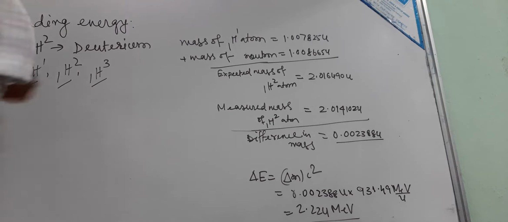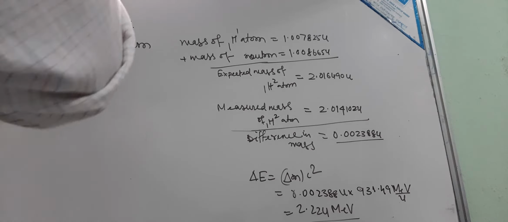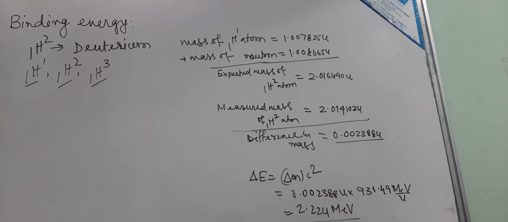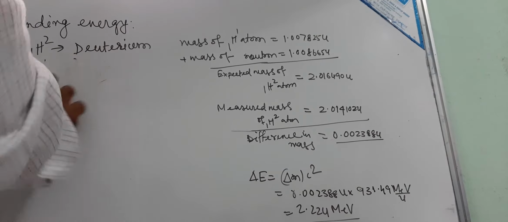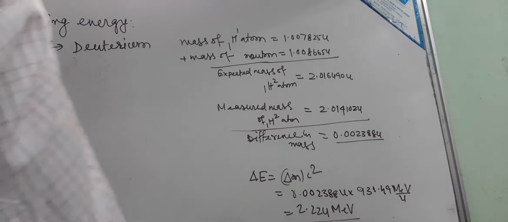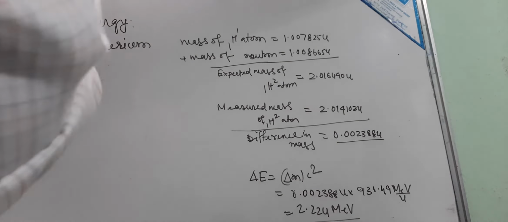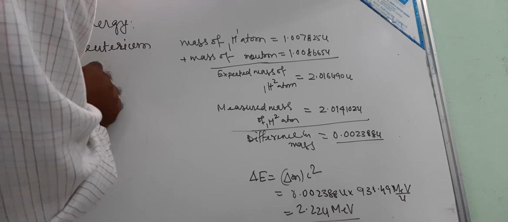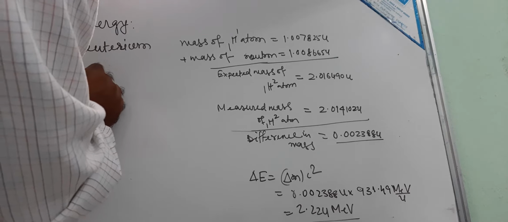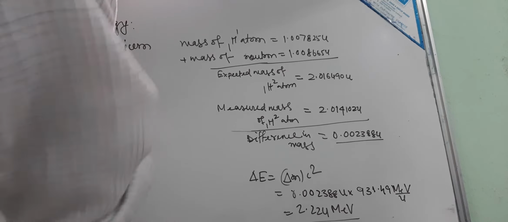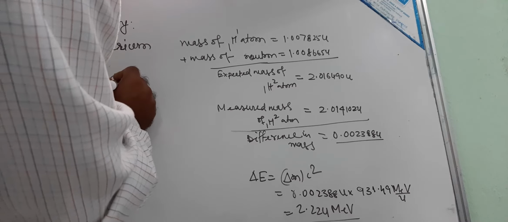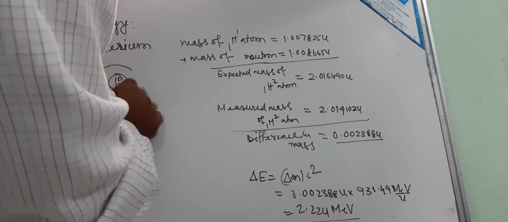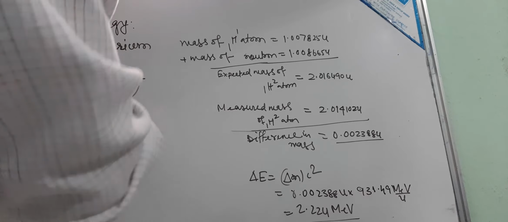So we are considering the nucleus where there is one proton and one neutron, and that is 1H2, which is known as the deuterium. In the nucleus there is one proton and one neutron, and one electron is also revolving.